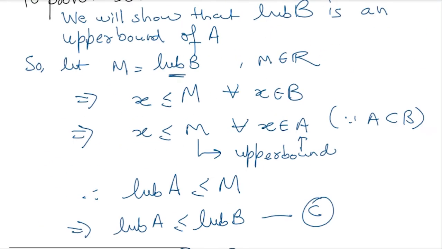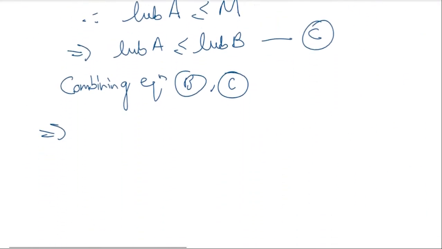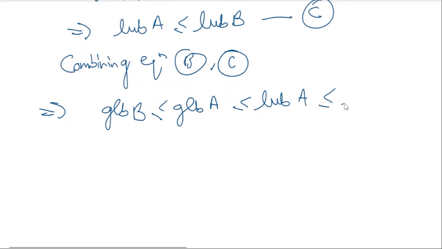Let me just quickly note down equation B for you. GLB of B is less than or equal to GLB of A, which is less than or equal to LUB of A. So the greatest lower bound of the set B is less than or equal to the greatest lower bound of the set A, which is less than or equal to the least upper bound of the set A, and this is less than or equal to the least upper bound of the set B. So this completes our proof.